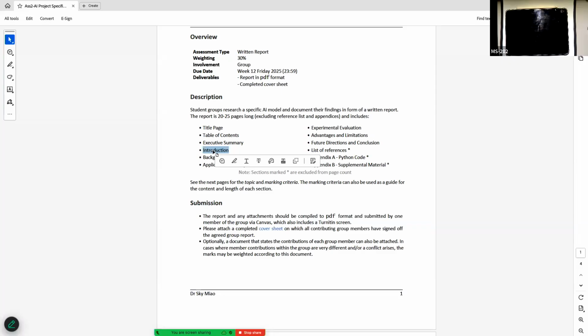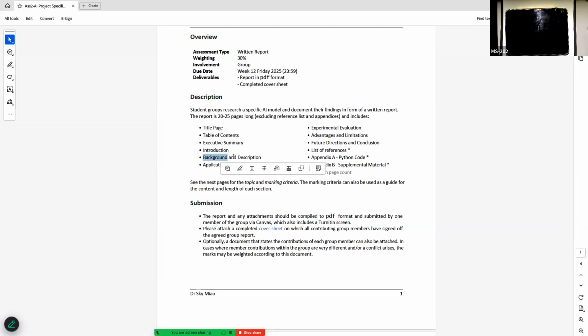So after you implemented this model on these problems, what's the performance, okay? And what challenges remain unsolved? All right, so that's the whole thing about the introduction. So the introduction, we can say, is a summary of the whole report, right?